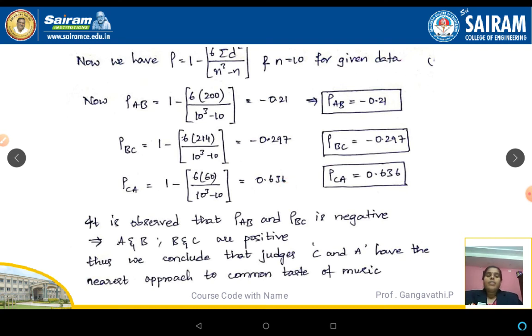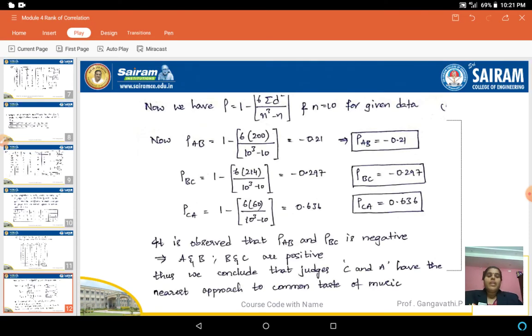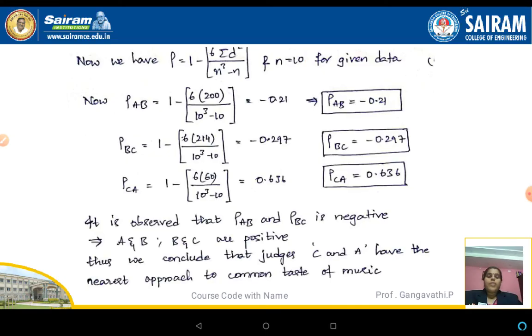It is observed that rho AB and rho BC are negative, while rho CA is positive. Thus, we conclude that judges C and A have the nearest approach to the common taste of music. So, that is what has been discussed here, and it was asked us to find.